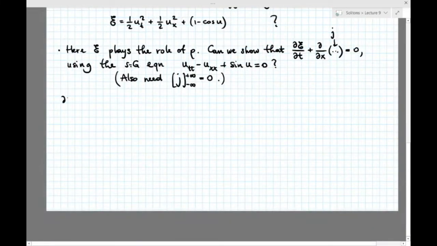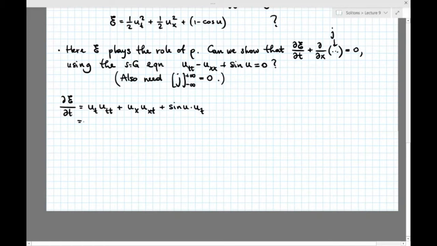Okay, so let's calculate the partial derivative of the energy density with respect to time t. So I'm going to use the chain rule. From 1/2 ut squared, I get ut utt. From 1/2 ux squared, I get ux uxt. And from 1 minus cosine of u, I get sine u times ut. So next I can collect together a factor of ut, which multiplies utt plus sine of u.